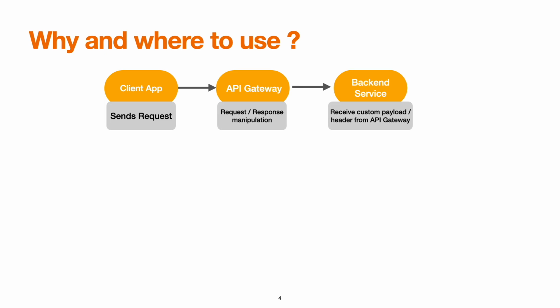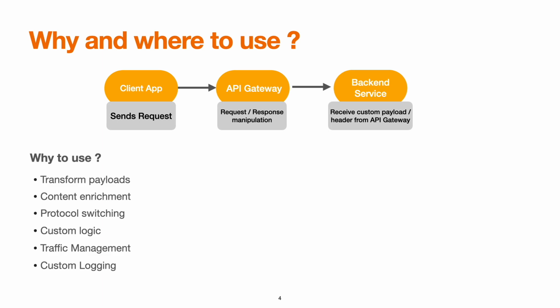Now, with the help of WSO2 policies or mediation sequences, the API gateway is powered to make changes in the request and the responses. It can also pass additional data to the backend service which is not passed by the client, or which has been modified at the gateway level, and then send it to the backend service.